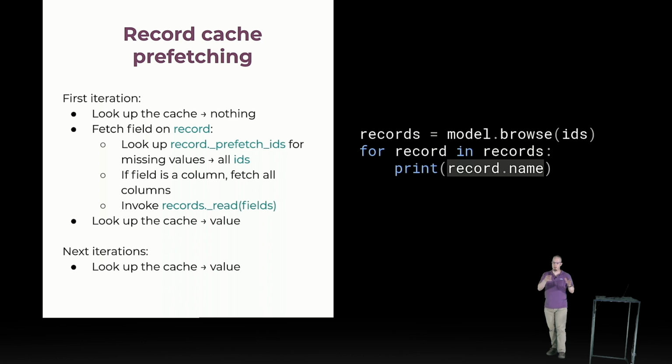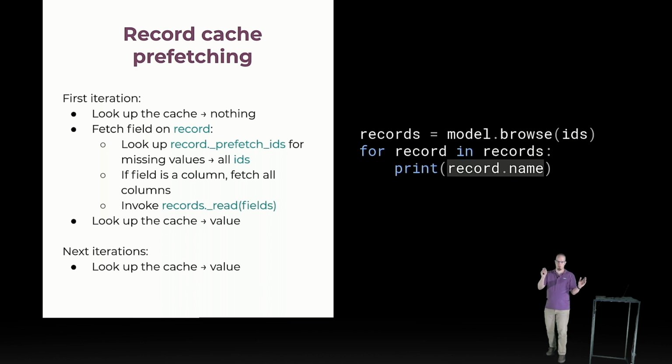This information is passed from record to record, here from the records variable to the record variable at each iteration. So we know all the record IDs. We look up all those records in the cache, we see they're not there, so we will fetch them all.